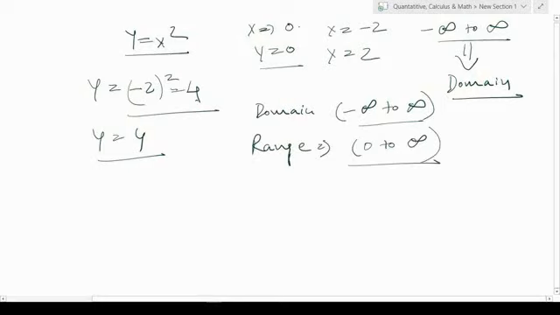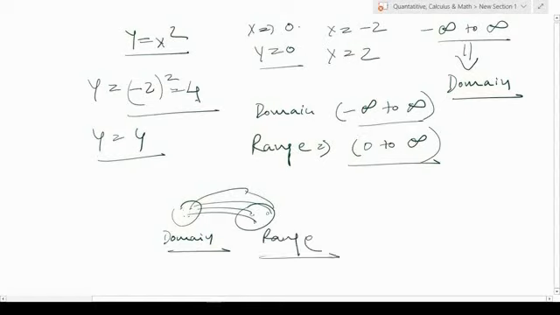Now this is a set of numbers from the domain. Let's say this is the domain, a set of values. What these values define through the function is the range.